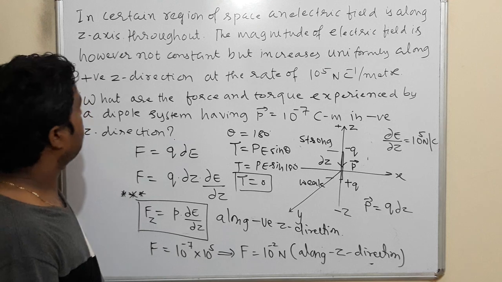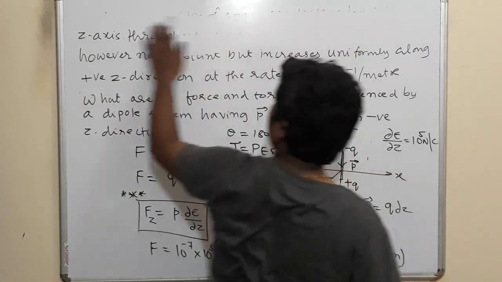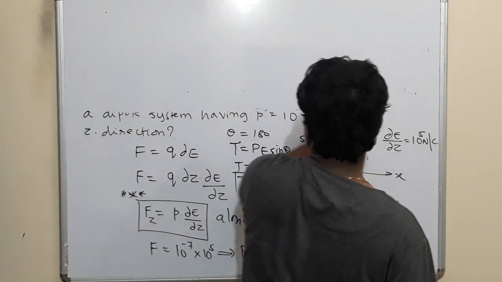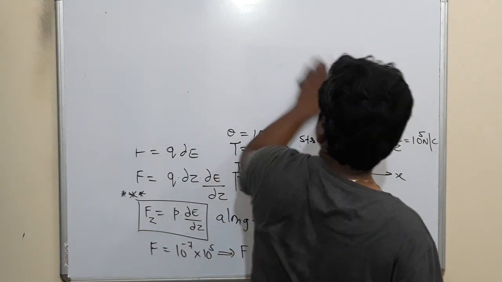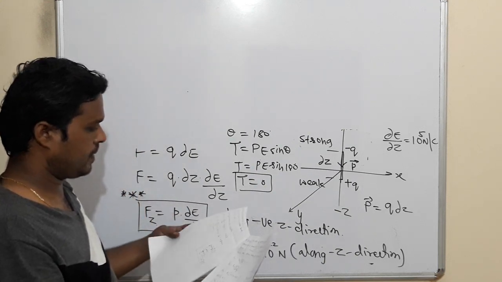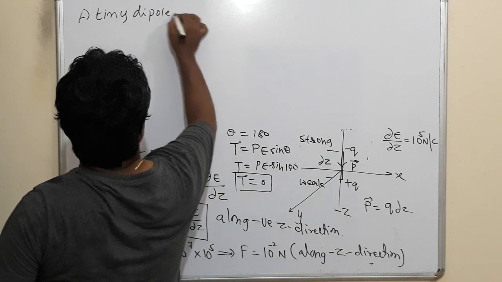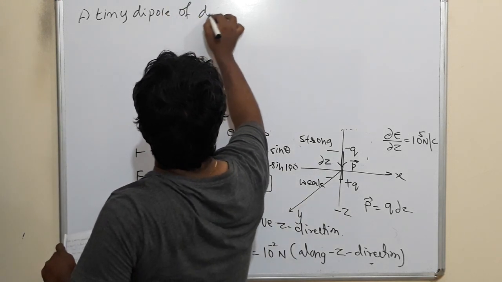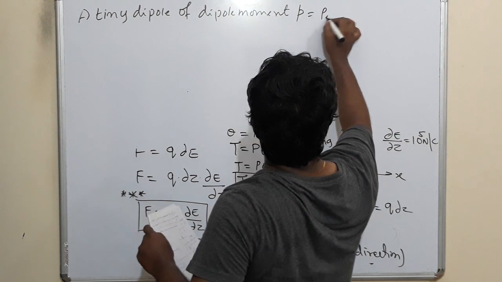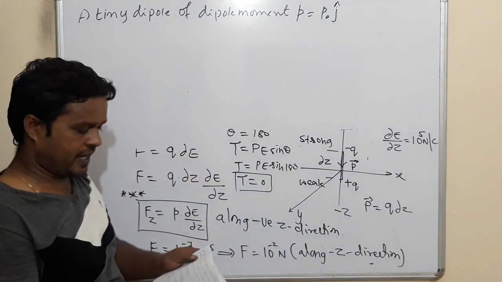Similarly, you can solve one more example. Here is a tiny dipole of dipole moment P is equal to P naught j. That means the dipole moment is along the y axis.